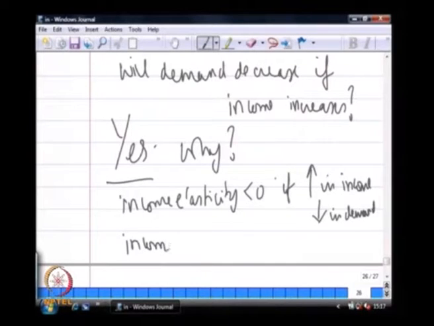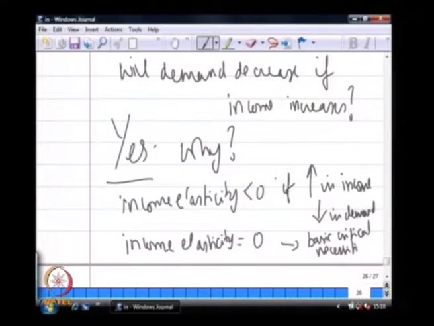Now income elasticity will be 0 for basic critical necessities. It means that there is no change in demand despite an increase in income, and for such products you will have an income elasticity of 0.